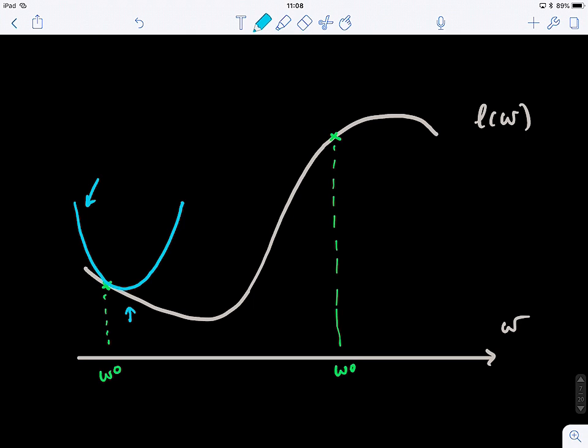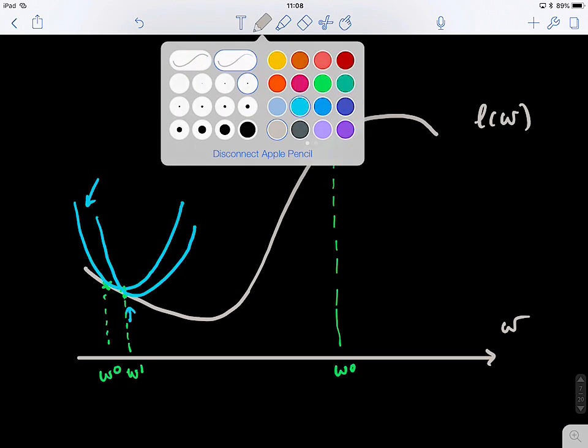And then same thing, we're finding the optimum of our quadratic form. Next point, hopping on, approximating again. And we will ultimately find the optimum right here.